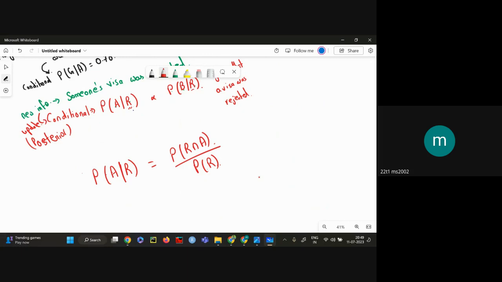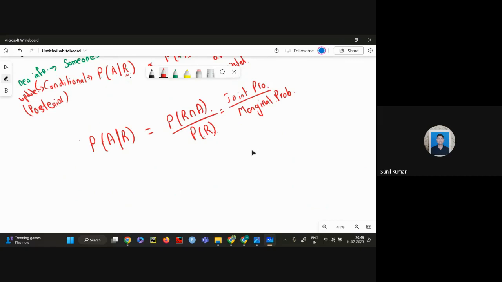So you have the joint probability divided by the marginal probability. Can we say P of A intersection R instead of R intersection A? Both are the same, right?